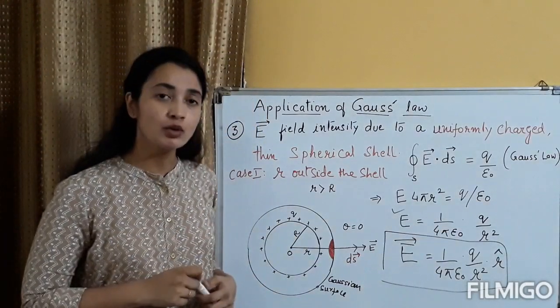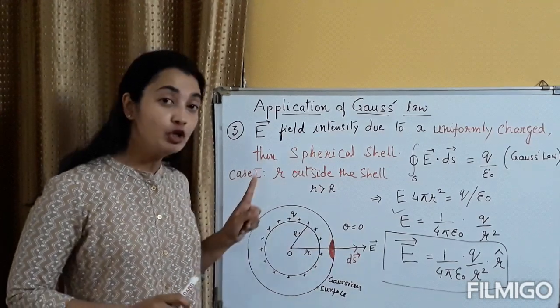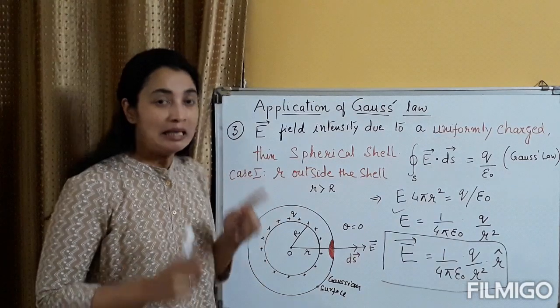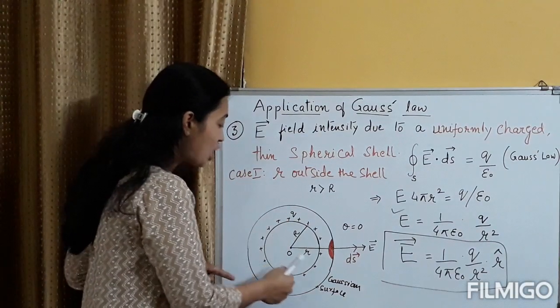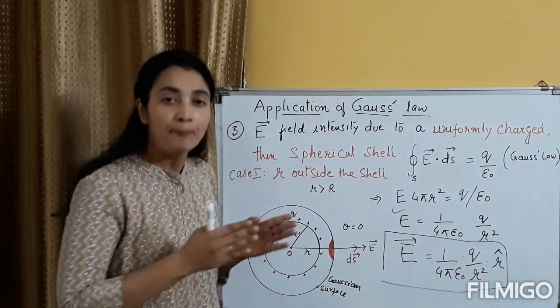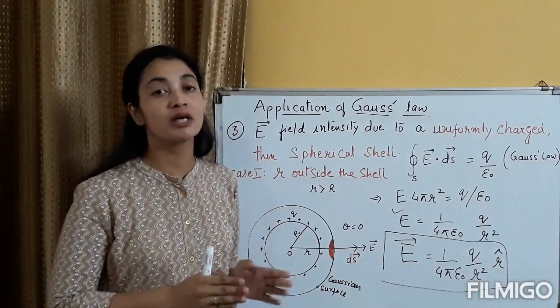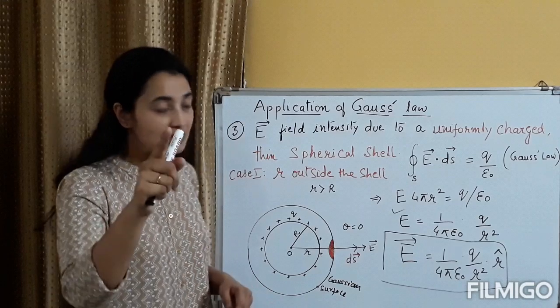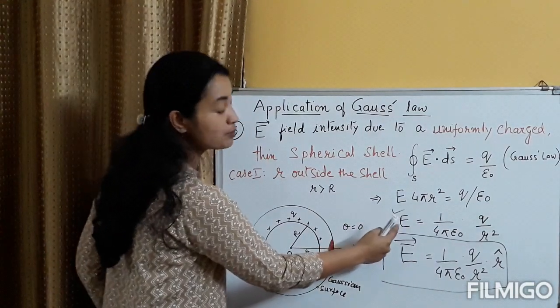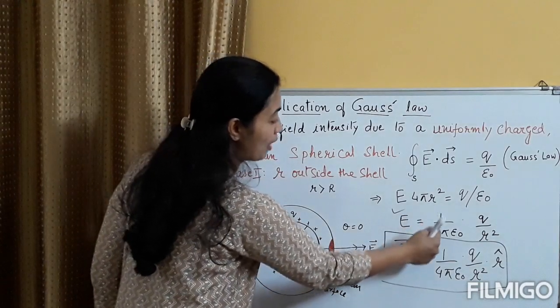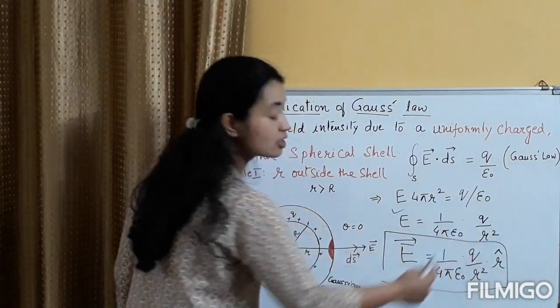What are you concluding from this expression? If you have carefully heard me, I have used one statement that a uniformly charged spherical shell behaves as if entire charge is concentrated at its center. The same thing is justified with this mathematical expression. You are getting E is equal to 1 by 4 pi epsilon naught q by r square.